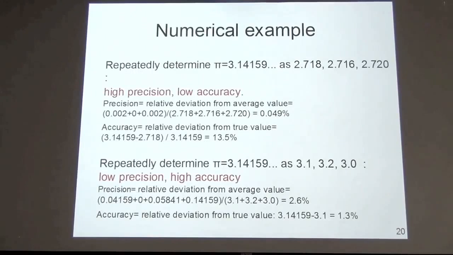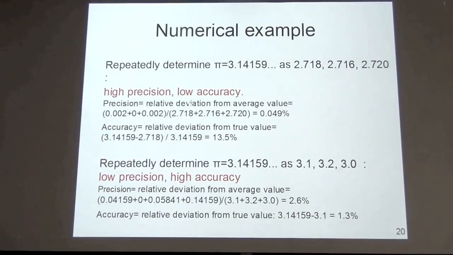So a numerical example that I tried to come up with is, maybe we can skip this, but whatever. Let's assume we would like to determine pi, and our measurements are just these here. And you see, they agree very well with each other, but some unknown systematic error happens, so they are far away from the truth. We can calculate the precision.